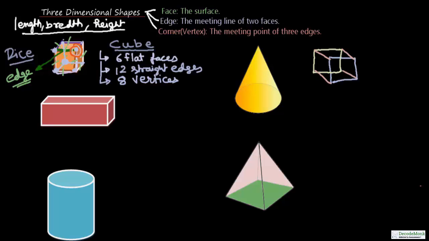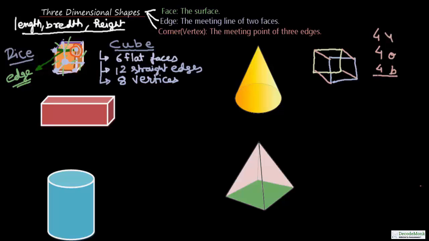Now there are 6 flat faces. 1, 2, on the bottom 3, on the side 4, 5, on the back side, and on the top is 6. So there are 6 flat faces, 12 straight edges. You can see that there are 4 yellow edges, 4 orange edges, and 4 light blue edges.